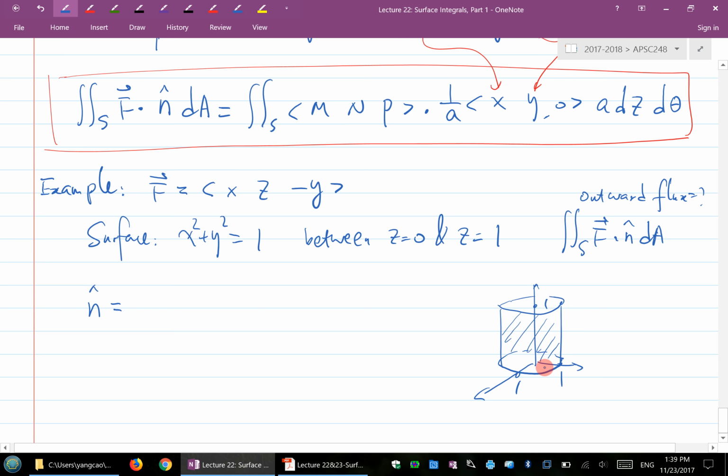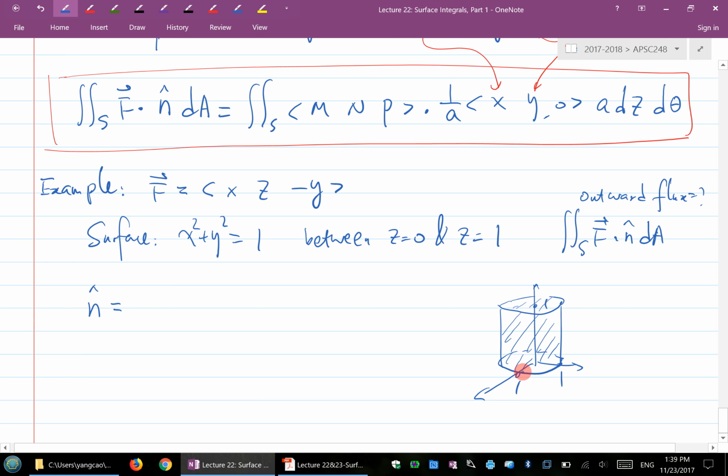Now, technically speaking, if I give you a question saying, can you calculate the outward flux for a surface that consists of the cylindrical surface plus the bottom at z equal to 0 and the top at z equal to 1, then with the bottom and the top together, you will have an enclosed surface, right?